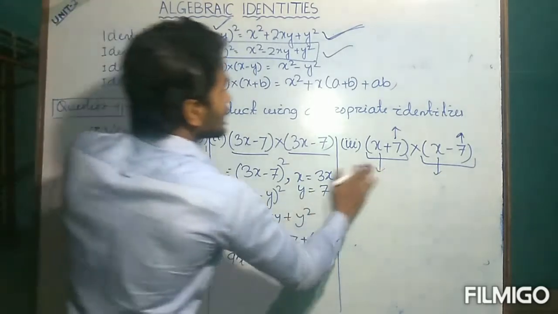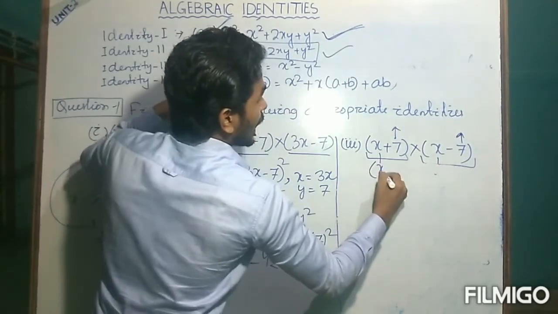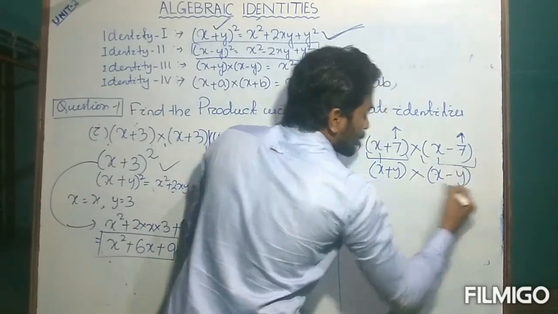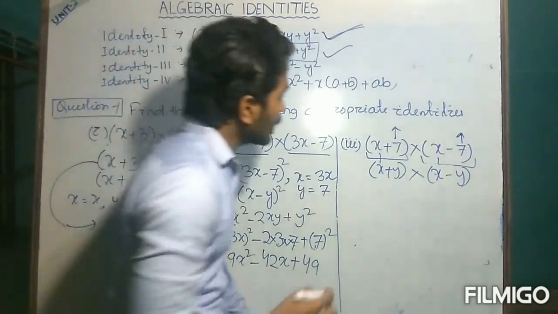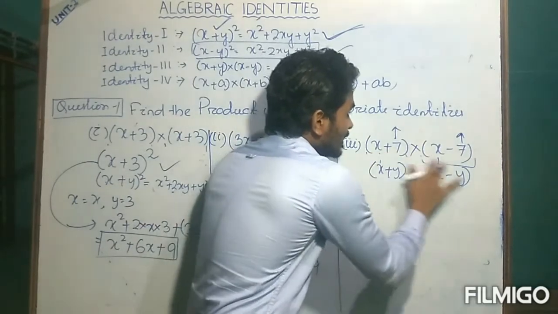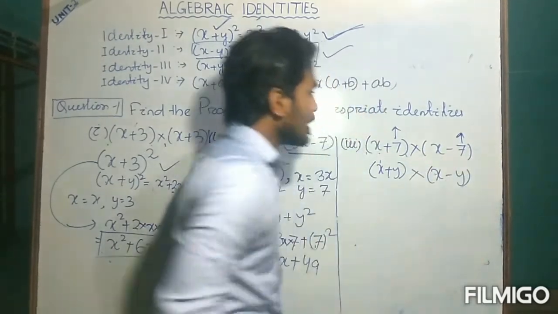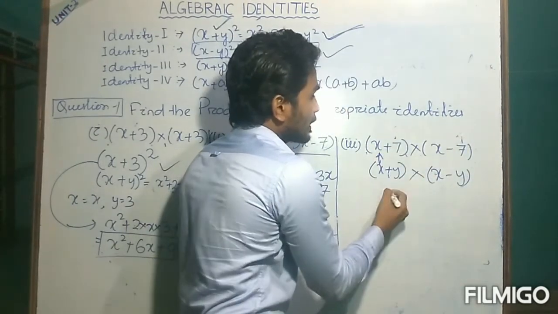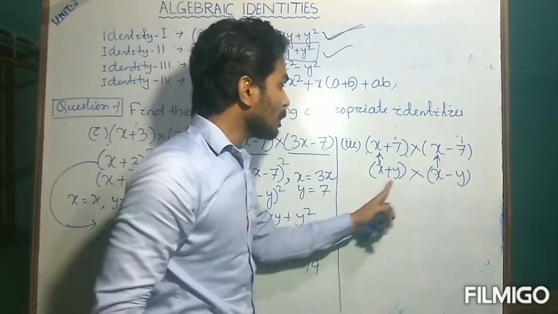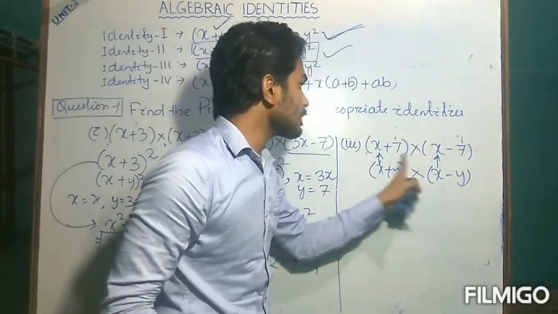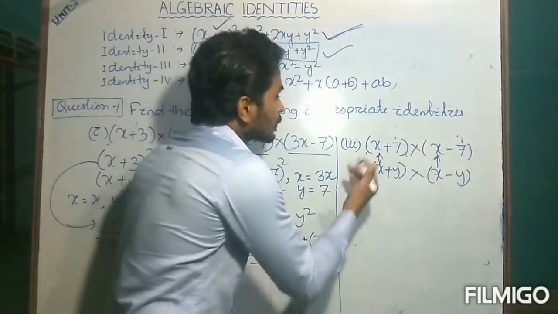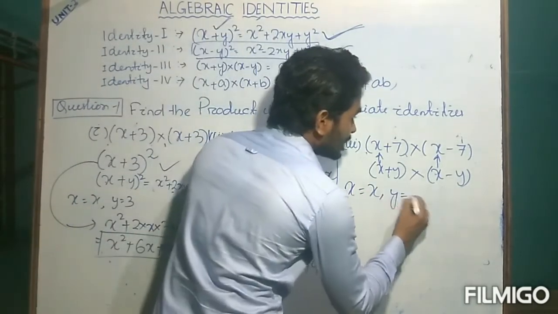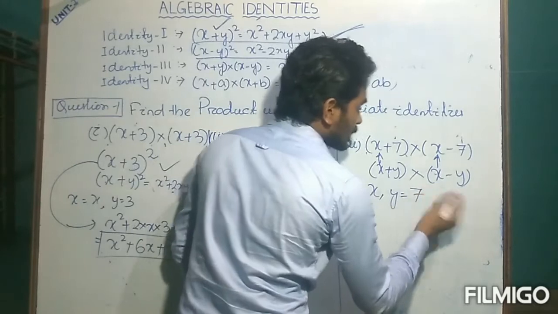What is that? That is, I am writing this (x plus y) into (x minus y). Okay. Now you see this and this are completely similar, not equal but completely similar. Here x, here x, here x, here x. And in the place of y and y, here 7 and 7. So you can write x is equal to x and y is equal to how much? 7.